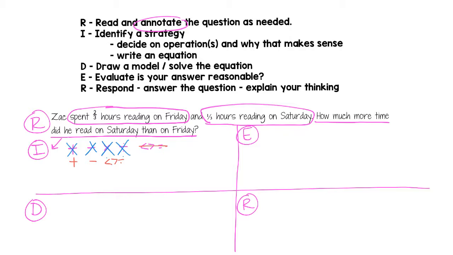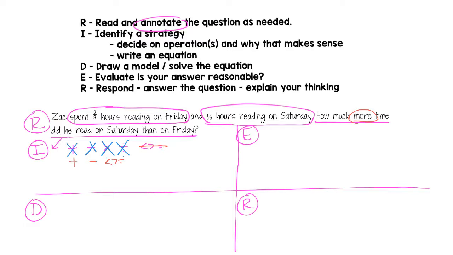Okay, so I'm thinking again, are we putting together 2/3 and 1/3 hour? How much time did he read on Saturday? How much more time? More. Does that mean add? How much more time did he read on Saturday than on Friday?